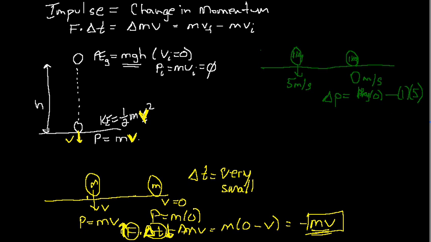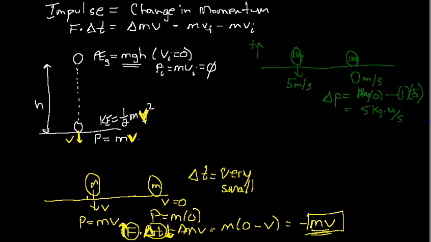And let's say up is the plus direction. So this velocity is -5, which results in a change of momentum of 5 kilogram meters per second. There's my change in momentum.